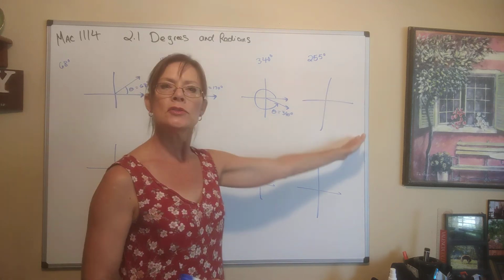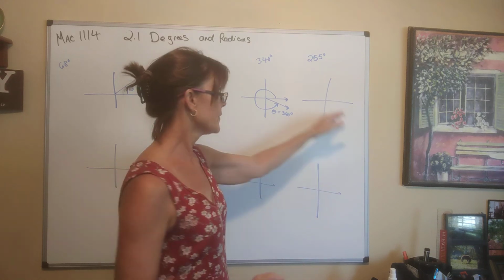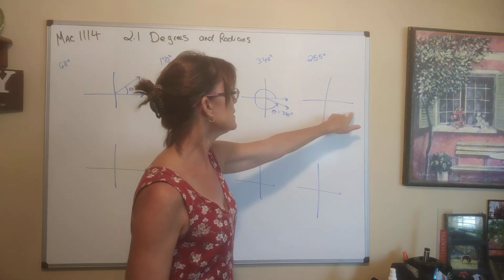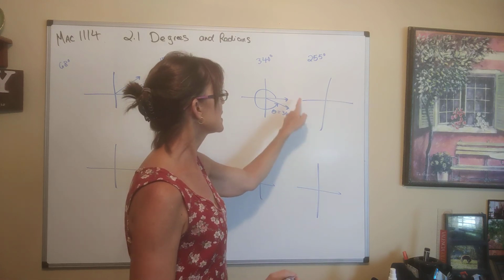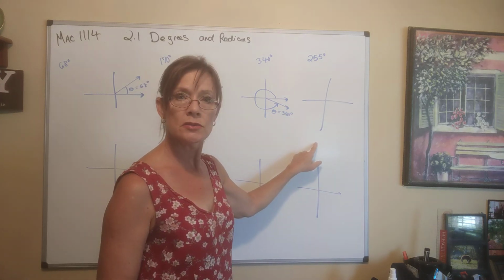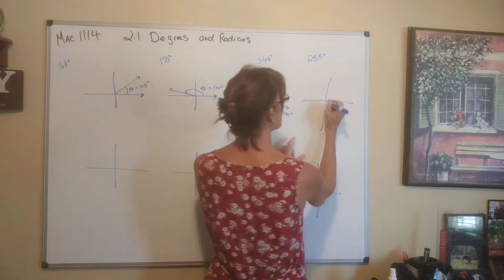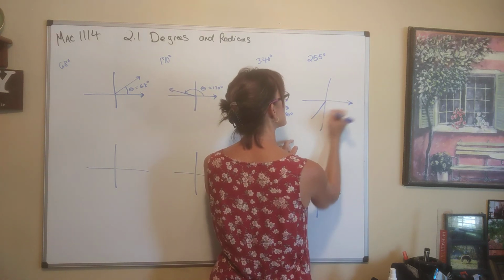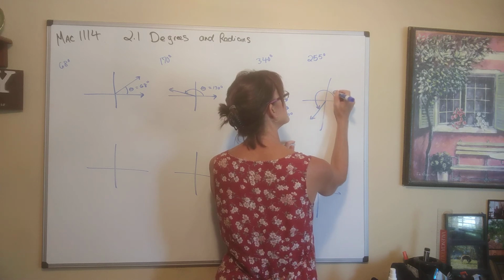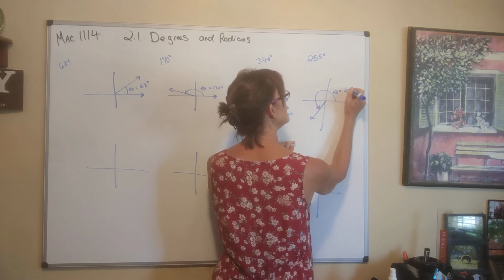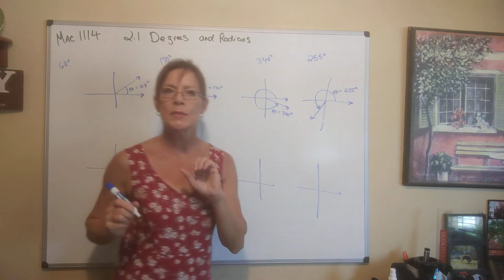How about 255? Where will that fall? 0, 90, 180, 270. It's going to be between 180 and 270. So maybe here is my terminal side, and from the initial side to here is theta. These are angles in standard position.